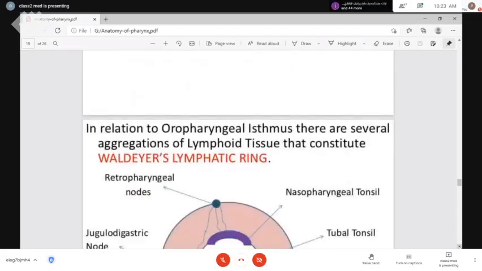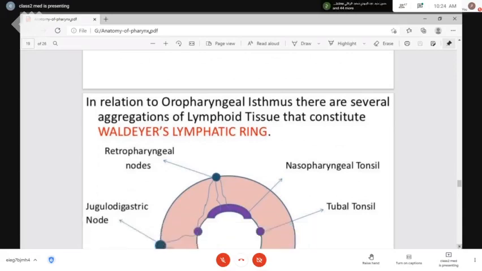In relation to the oropharyngeal isthmus, there are several aggregations of lymphoid tissue that constitute what is called Waldeyer's lymphatic ring. So any infection in this part of the pharynx may disseminate to these groups of lymph nodes.